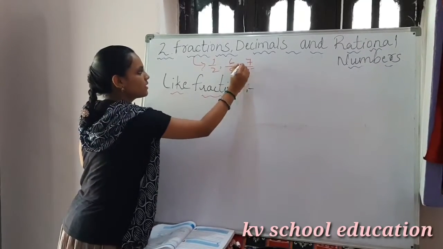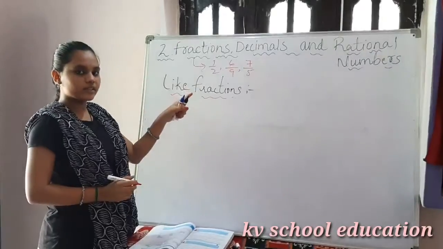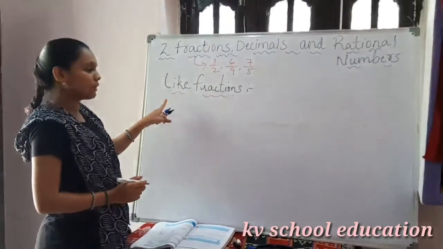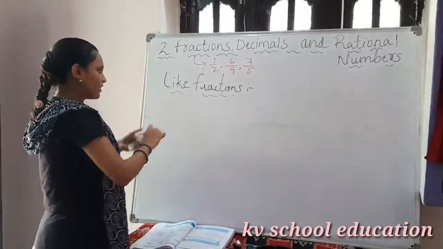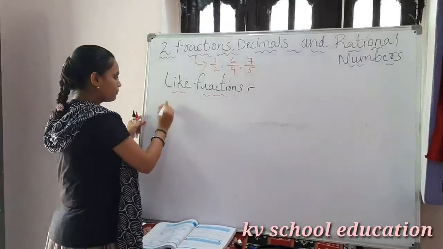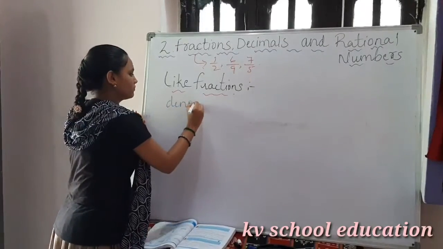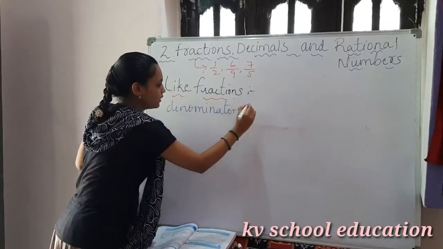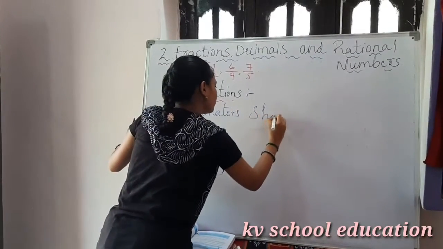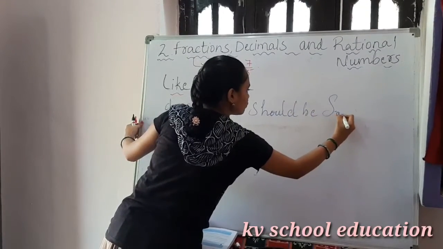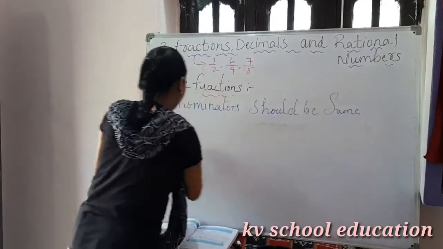These are fractions, but in this I have talked about proper, improper, and mixed. Now I will say one more, like fractions. In these fractions the denominators must be the same.